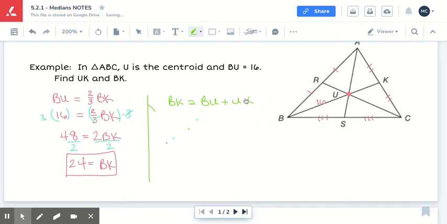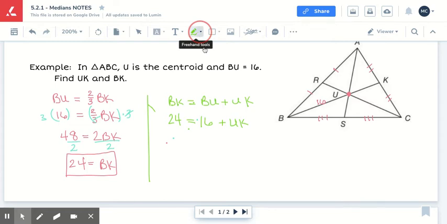Okay, so now I could fill in whatever I know. From my previous work there, I know that BK is 24. And BU was given to me in the original problem, so that's 16. And UK is what I need, so I'm going to leave that as just UK.